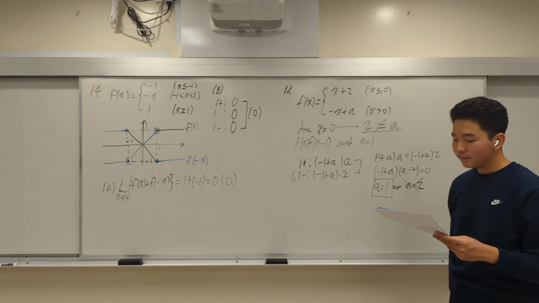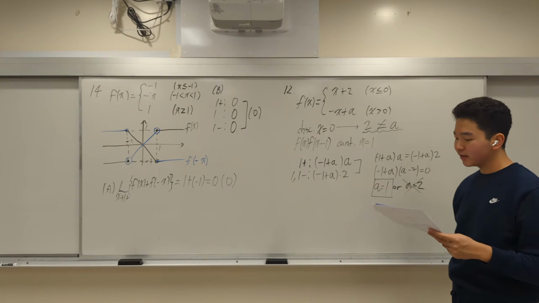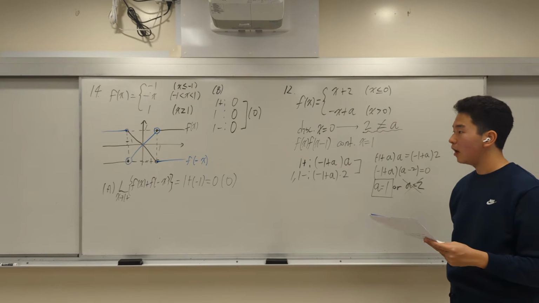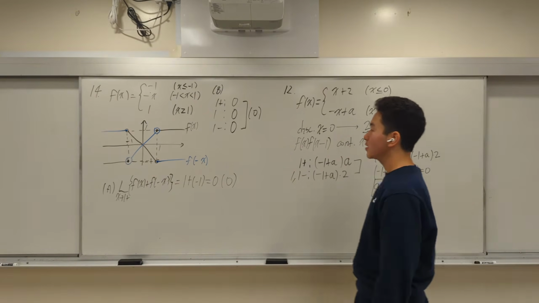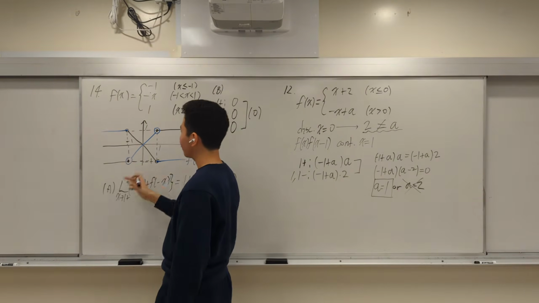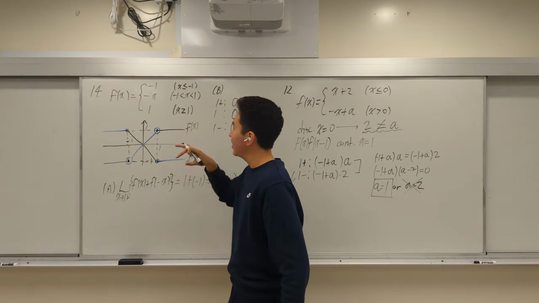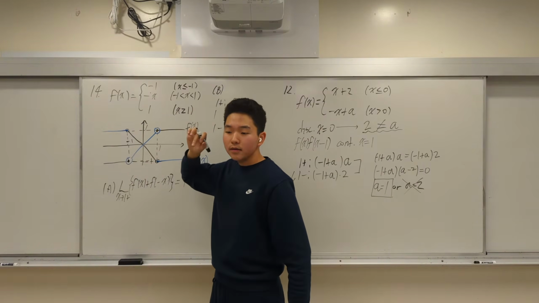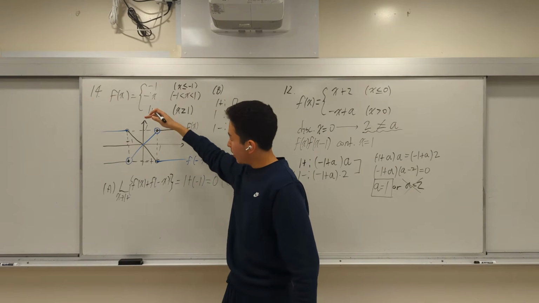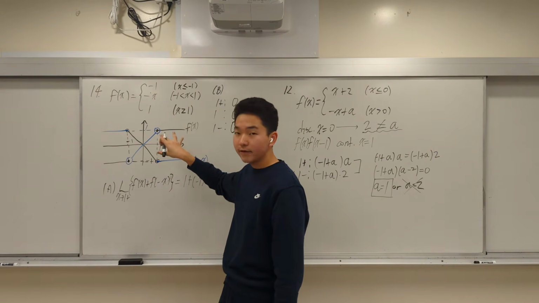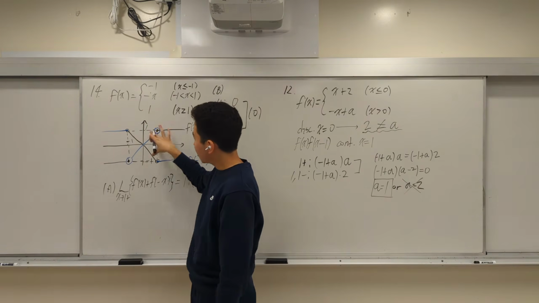Function f of x plus f of negative x is continuous on the set of all real numbers. Okay, so now we have to verify for every real number. Now on these two ends, it's just a constant plus a constant, which is continuous. Now the only points of discontinuity can occur at negative 1 and 1, right? So we just need to check these 2 points.